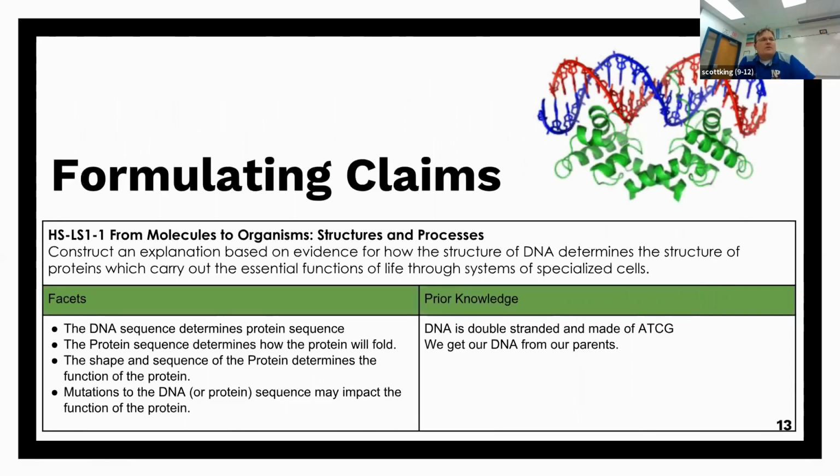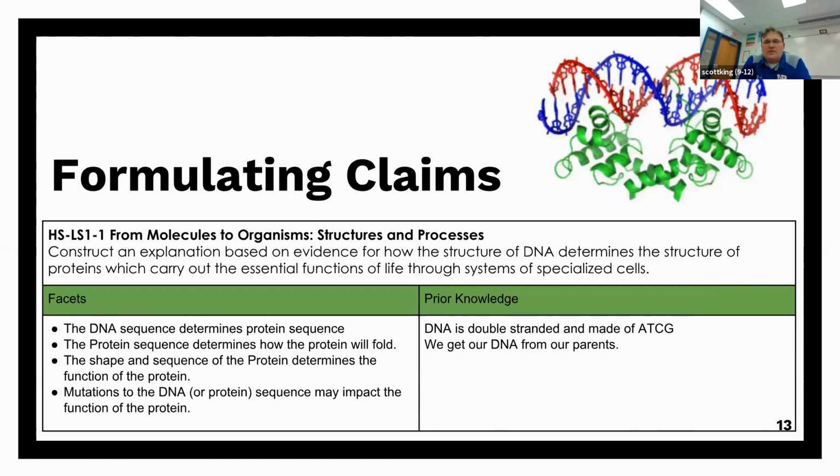And so our facets here, the DNA sequence determines a protein sequence. We're going to have protein sequence determines how the protein will fold. The shape and sequence of the protein determines the function of the protein, and DNA mutations or even protein mutations in the sequence may impact the function of the protein. So that's what we're going to try to focus on in this unit is this piece, and that's a pretty broad amount of information there.